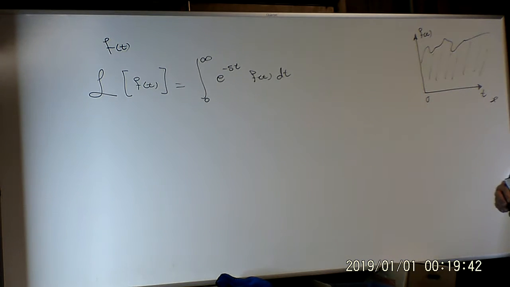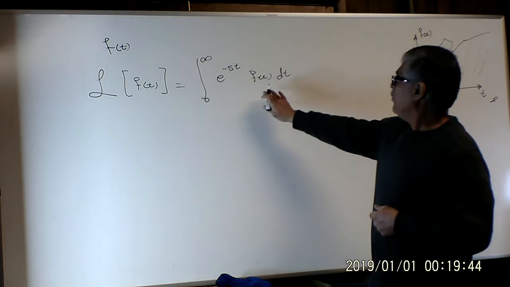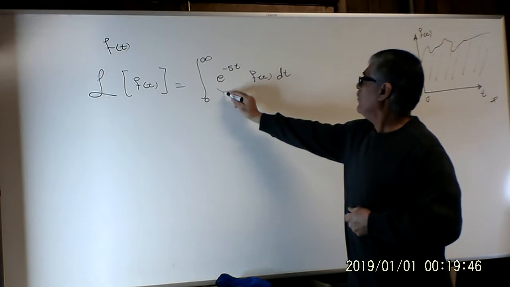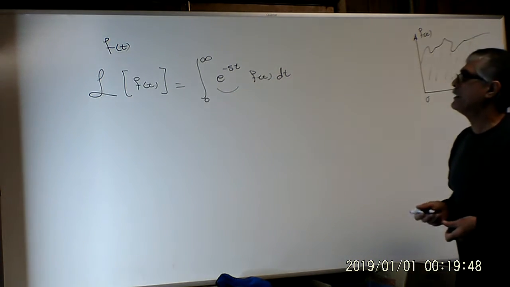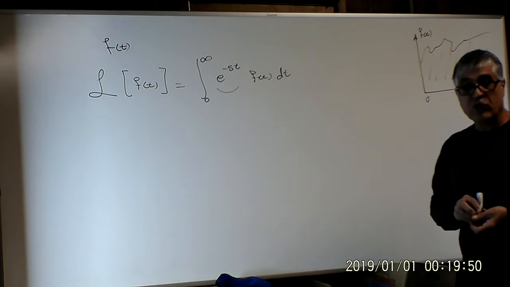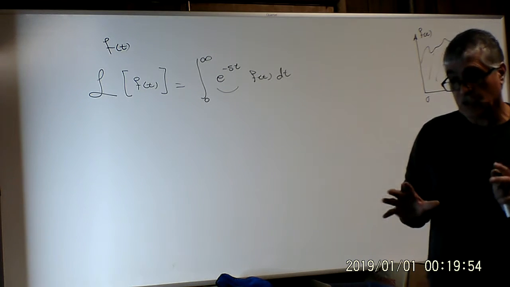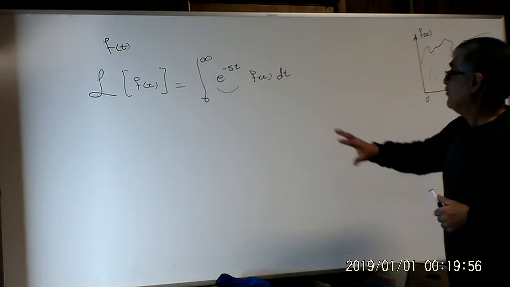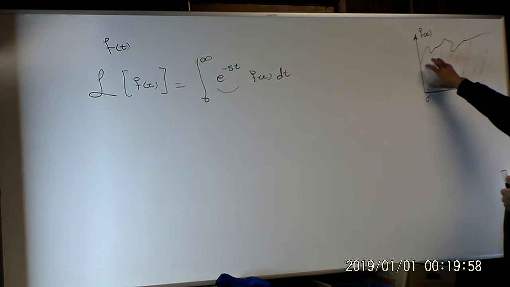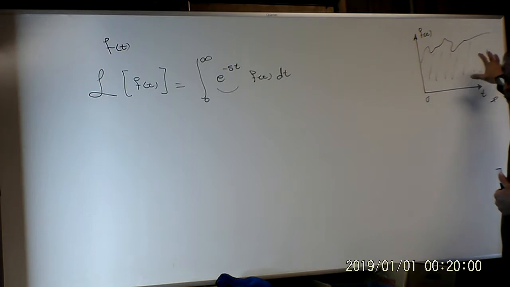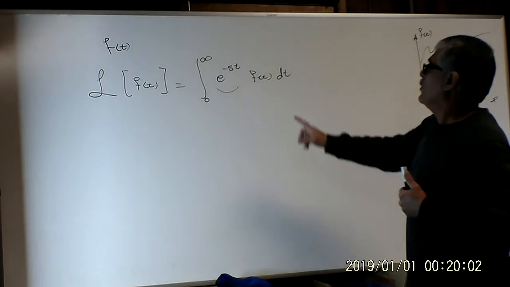Now, at the same time, Laplace has multiplied our function with this term, e to power minus s t. We know that a number to power of a variable is a sort of expression that the result will end up within the same domain of that function.